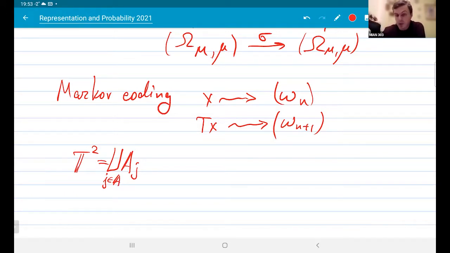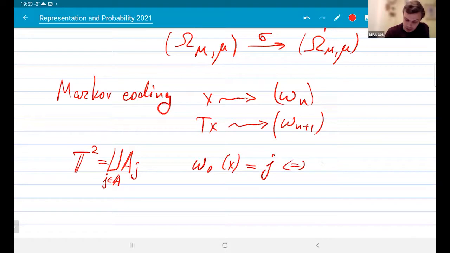I don't know now what the set of states is, but suppose I do this. Then omega naught of x equals j if and only if x belongs to A_j.